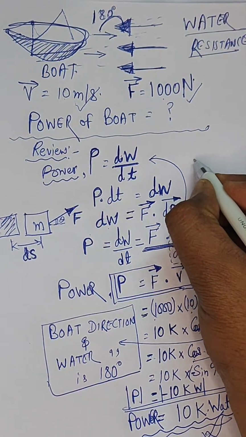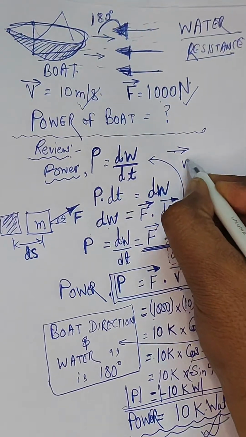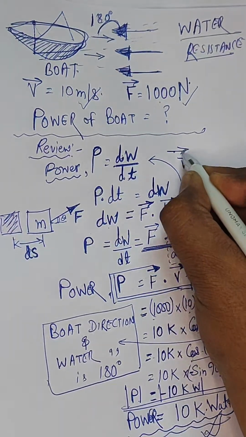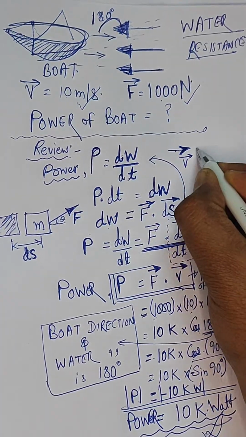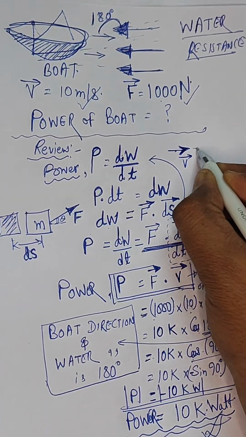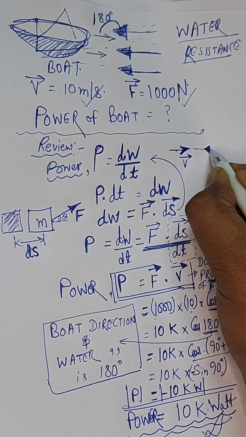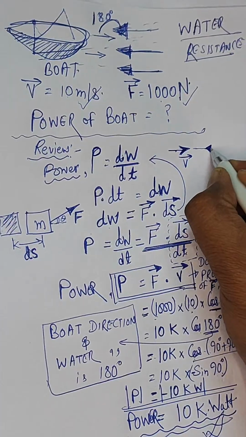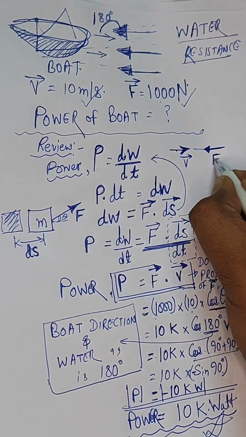If we consider here, this is the direction of velocity, right? It's a vector. And force is also the same. It's also a vector having a direction, right? So the force is applied from right to left.